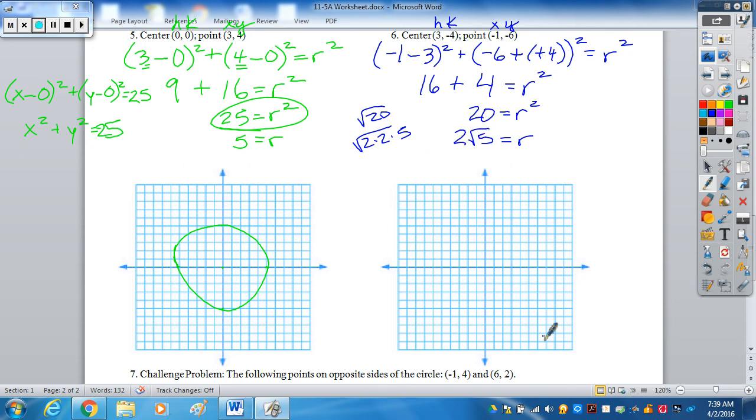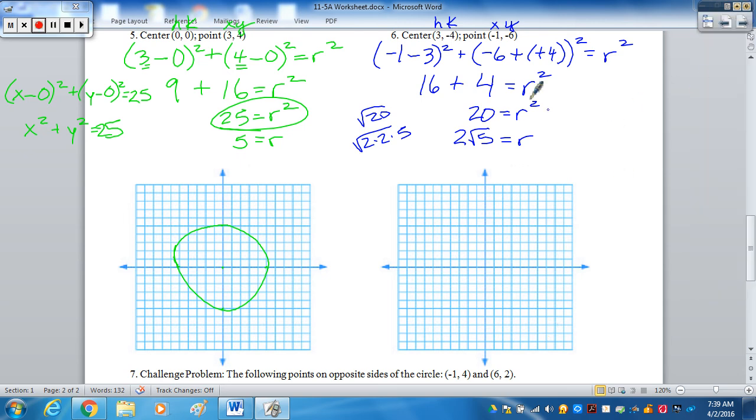All right, so from there, my equation will look something like this. Again, using my center point, not my point on the circle, (x minus h) squared plus (y minus k) squared is equal to 20 there.